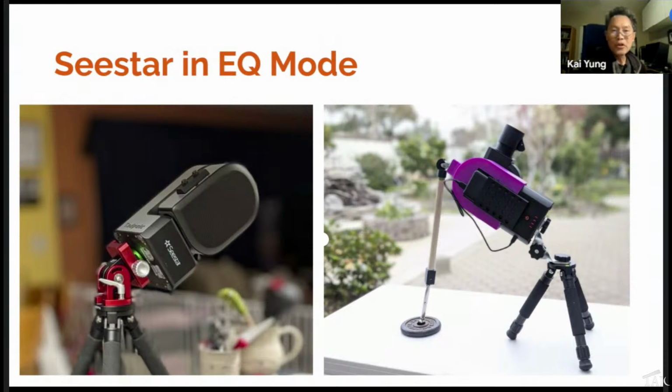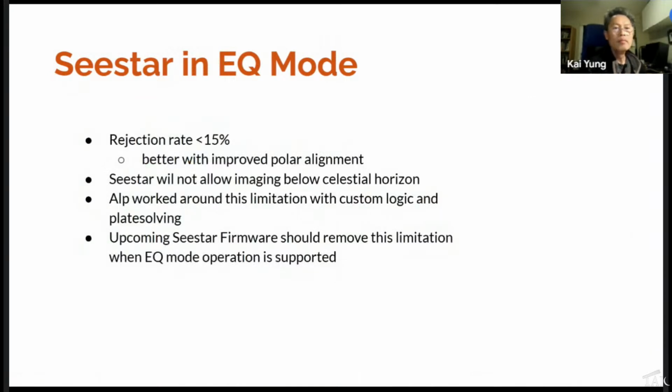So I designed a few models to offset that, so that when it rotates, it's well balanced. I encourage people to explore different ways of doing EQ modes and different setups. With this now, the rejection rate is around 15%, or even better if you have better polar alignment.